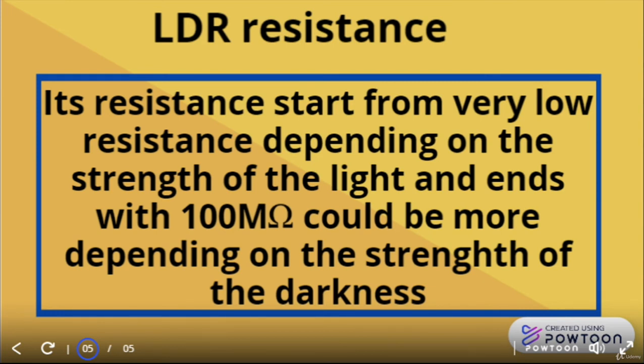If the darkness is very strong, the resistance of the LDR will be very high, up to 100 mega ohm. 100 mega ohm means 100 million ohms.